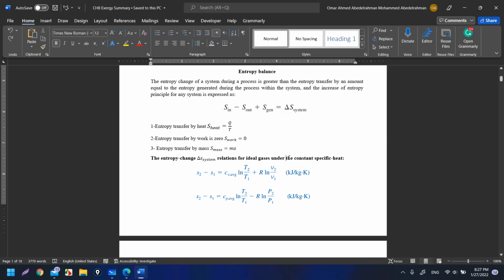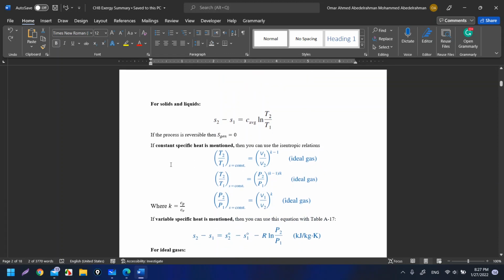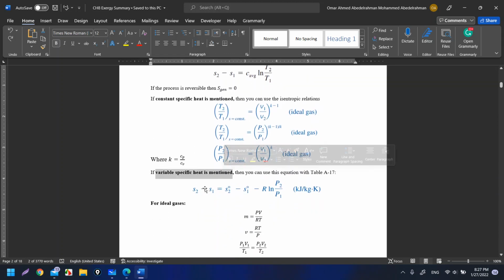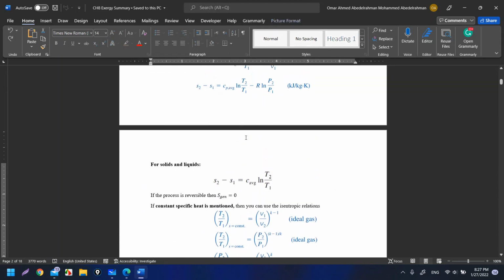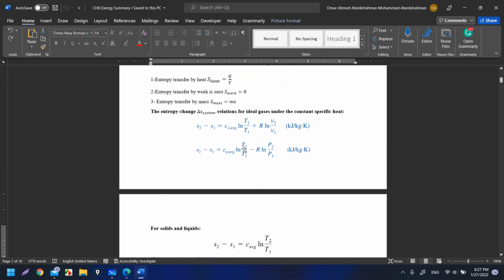You will choose either constant specific heat or variable specific heat. Use this equation or one of these two equations, depending on what assumption you make. You write, I will assume that it is a constant specific heat. The specific heat doesn't change for helium, for this ideal gas at room temperature.